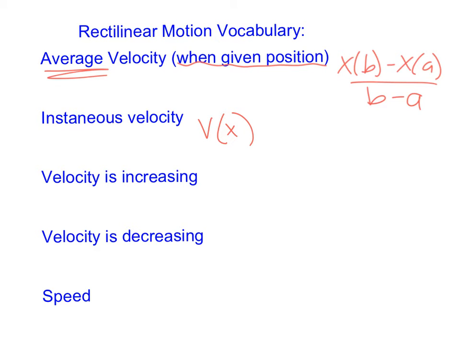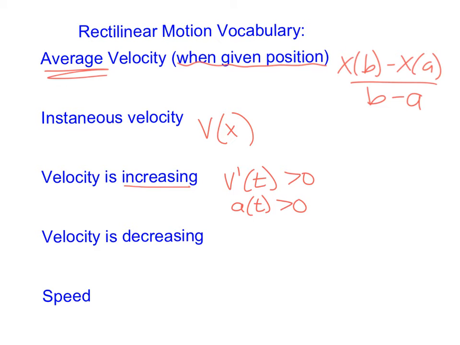Velocity is increasing. So velocity increasing, remember this is slope. Slope is positive. So this is v prime of t is greater than 0, or that means that the acceleration is greater than 0. So when velocity is increasing, it means the derivative is positive.